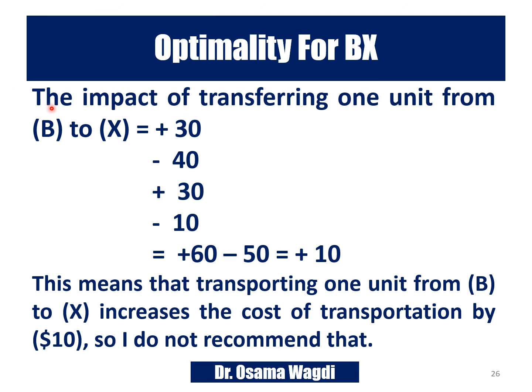So, like I said, the impact of transferring one unit from P to X equal plus 30 minus 40 plus 30 minus 10, come up with plus 10. This means that transporting one unit from P to X increases the cost of transportation by $10, so I don't recommend this.